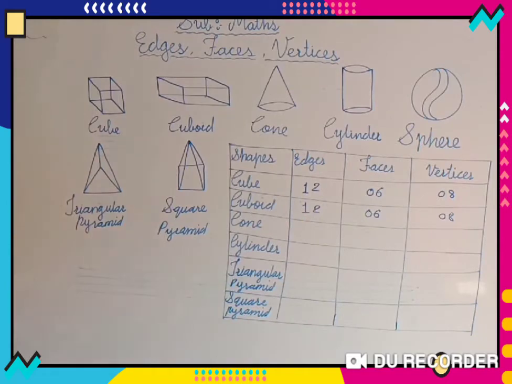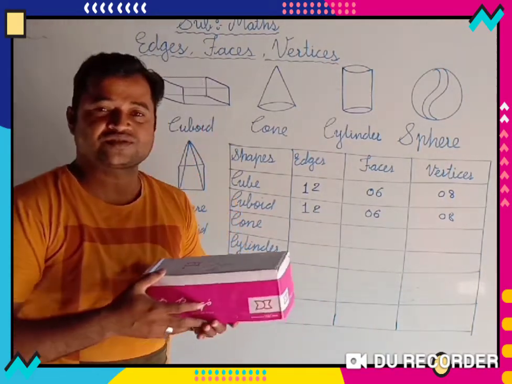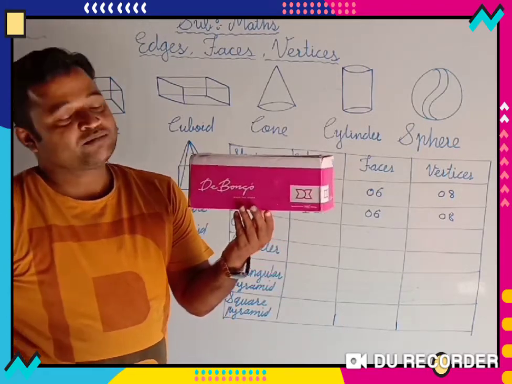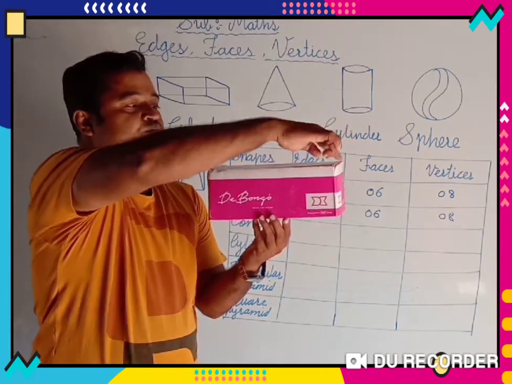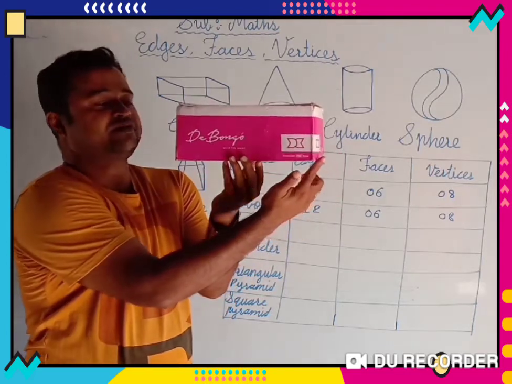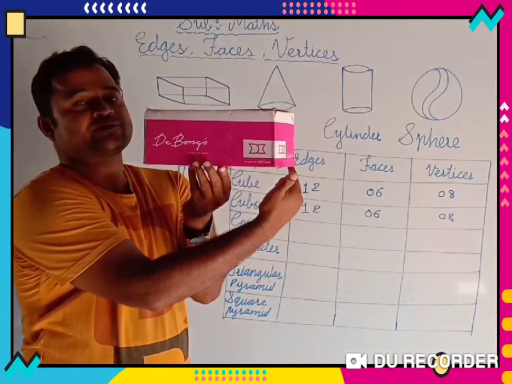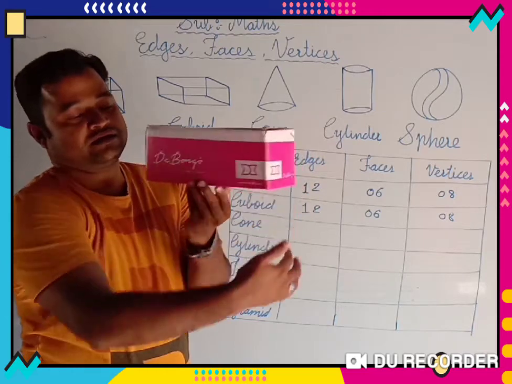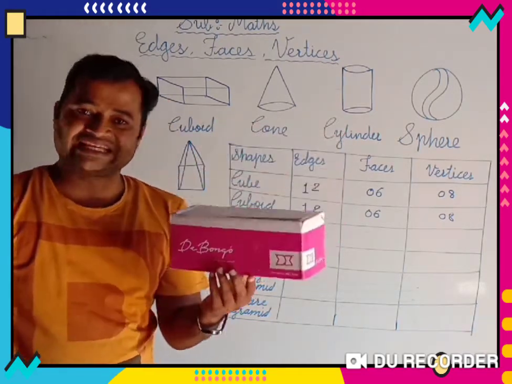Let's use this box to count the edges. Edges are 1, 2, 3, 4, same on the downside 5, 6, 7 and backside 8, then 9, 10, 11 and 12. So it has 12 edges.